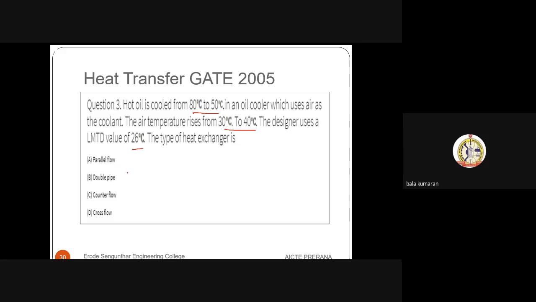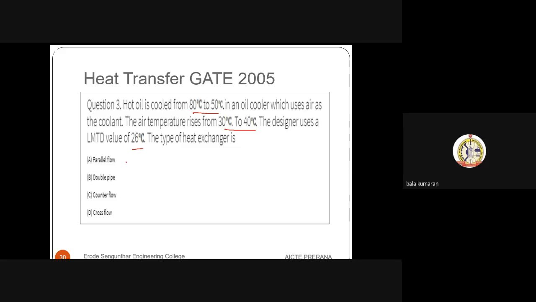The hot oil is cooled from 80 degrees Celsius, the highest temperature, to 50, and the air temperature rises from 30 to 40 degrees due to absorption of the heat. So the LMTD value is 20 degrees Celsius.